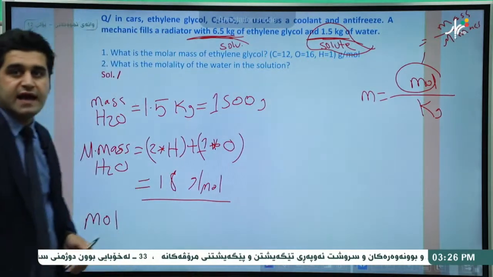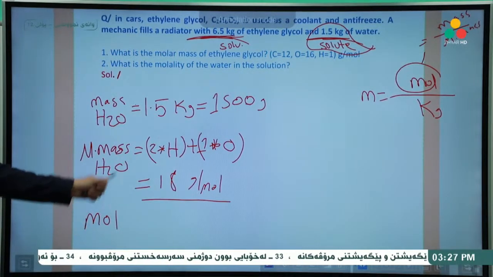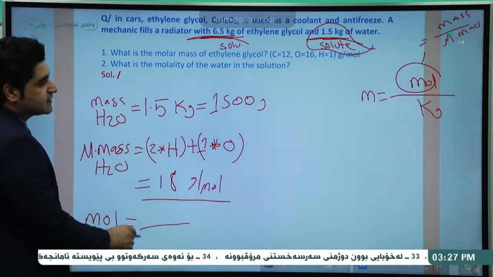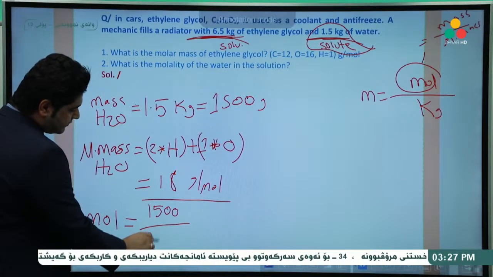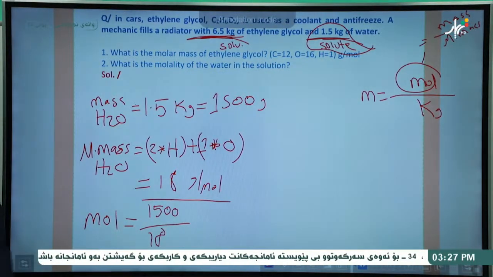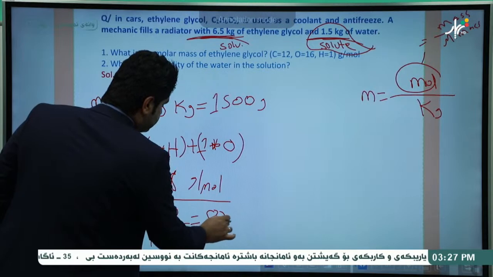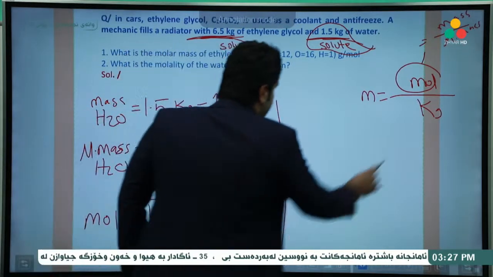That's why we calculated molar mass for the water. Now mole is equal to mass over molar mass. We have mass, 1,500 grams over 18. Now we can find the mole of water, which is equal to 83.33 moles. Now we have number of moles.